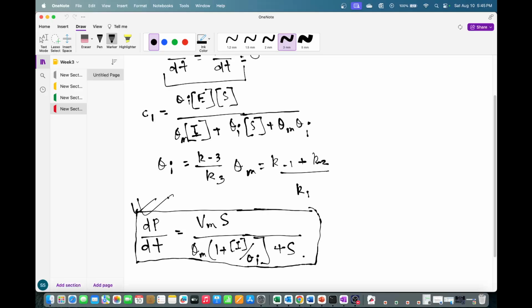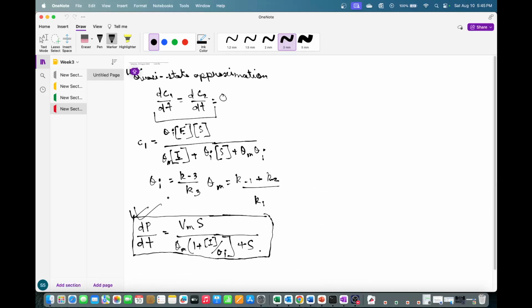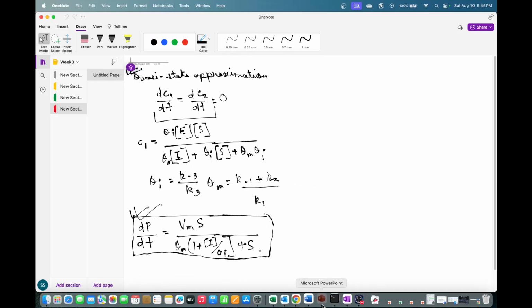You can also find dS/dt from here, you can find dI/dt from here. Any element you are trying to model, you can find it from here, right? So this was just to give you an idea about how these different things are modeled and how you can use these ODEs to model and do approximation and get the values, right?